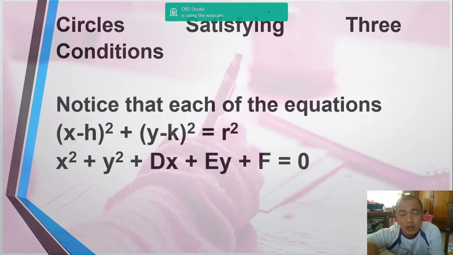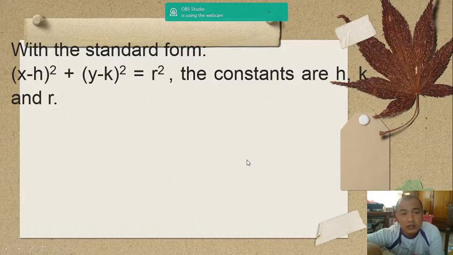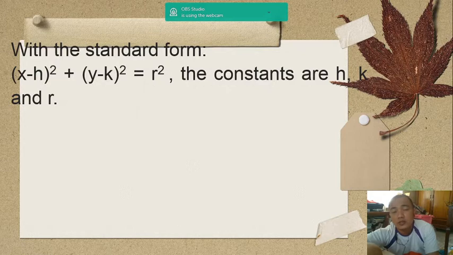Let us notice that each of the equations, the standard form and the general form, consists of three constants. For the standard form, we have h, k, and r, right?